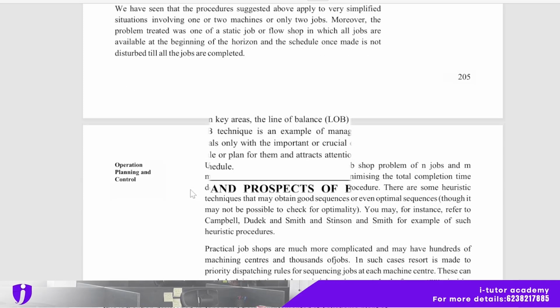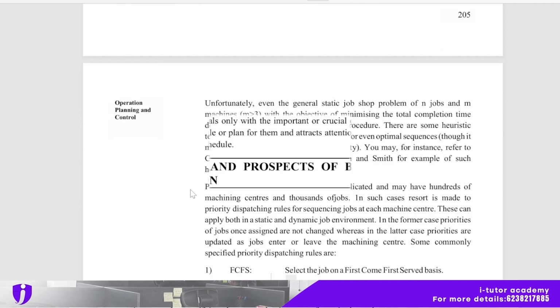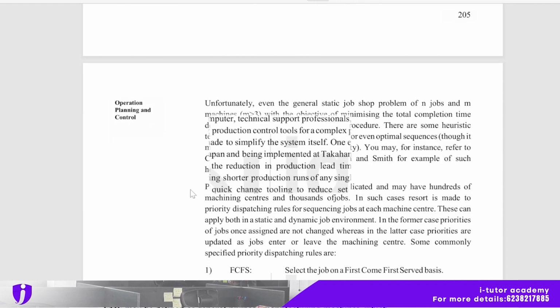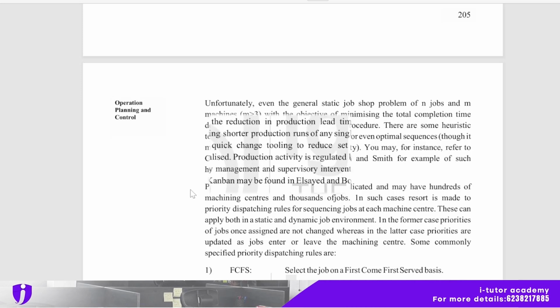And unfortunately, even the general static job shop problem of n jobs and m machines with the objective of minimizing the total completion time does not have a general exact solution procedure. There are some heuristic techniques used that may obtain good sequences or even optimal sequences, though it may not be possible to check for optimality.